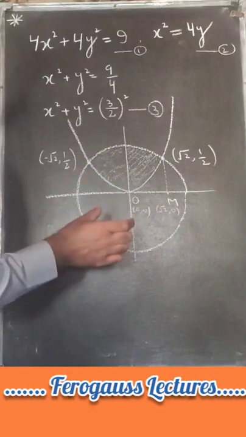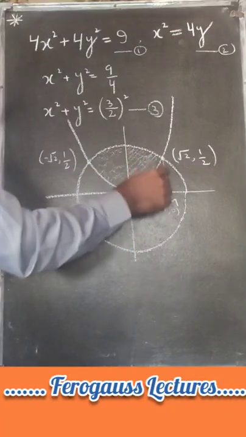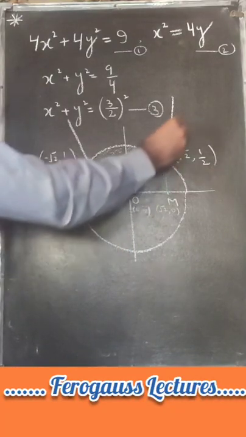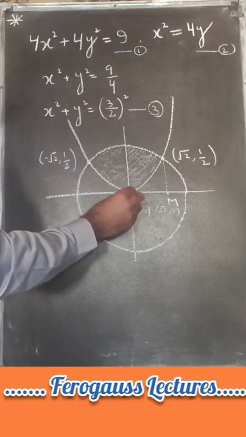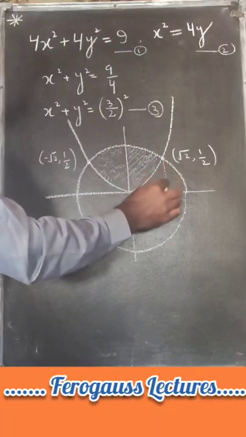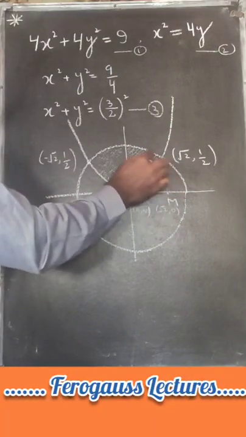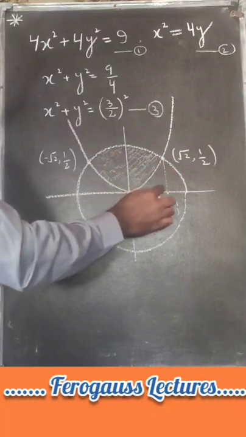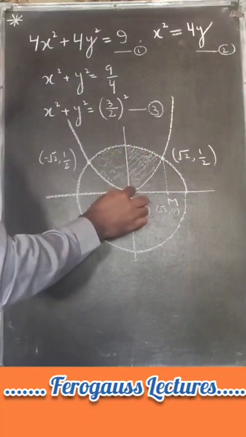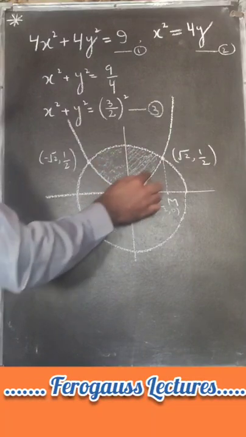Then from this we will subtract the area under this parabolic curve, from 0 to M, that means this area. The whole area minus this area is equal to this shaded area in the first quadrant.